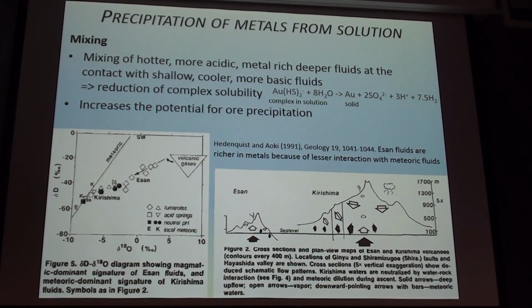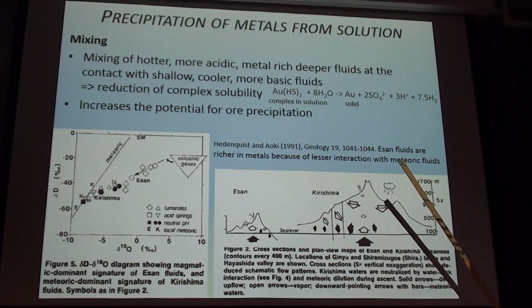The third way of precipitating metals from solution is by mixing. If we mix hotter fluids that are mineral rich, we can cause them to lose temperature, and hence the complexes will dissociate, either by reducing the temperature or by changing the pH, for instance.